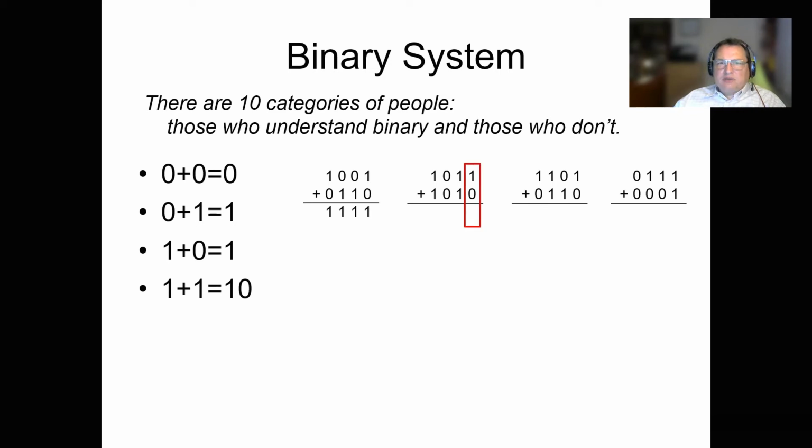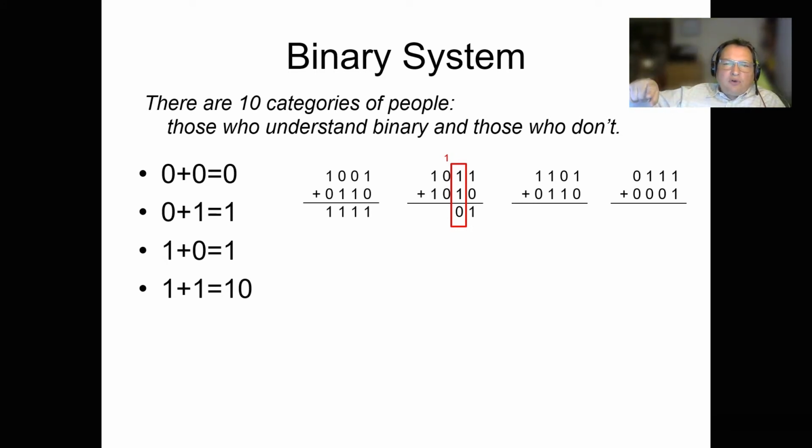1 plus 0 is 1. 1 plus 1 is 10. Oh, attention please, 10. We cannot put 10 into a single digit position. So we will put 0 and we will carry over an additional 1 to the next position of our addition.